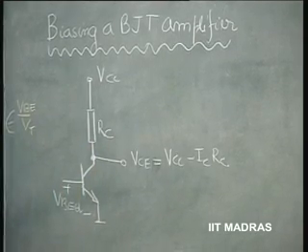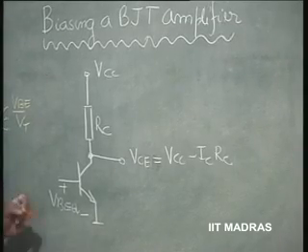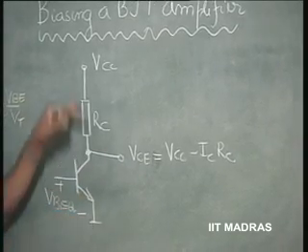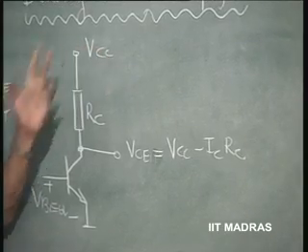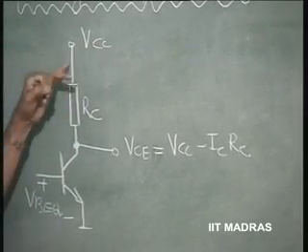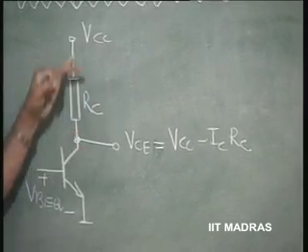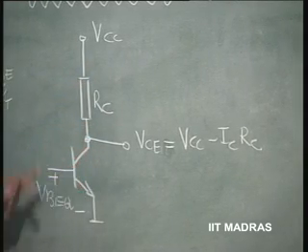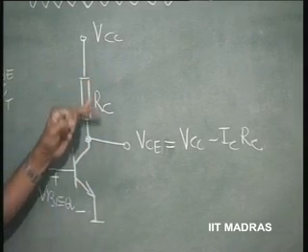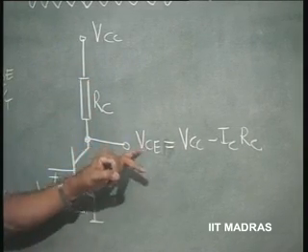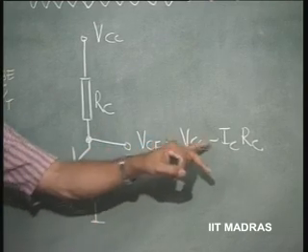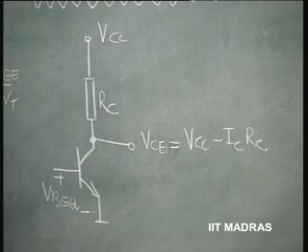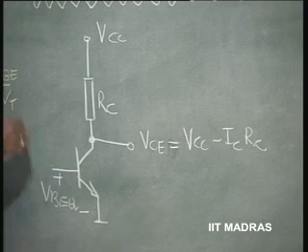So, let us consider a very simple arrangement where applying a single supply VCC, let us say, and in series with that RC and collector, we can make IC flow through this and bias this at VCE equal to VCC minus ICRC. So, that takes care of the reverse bias.